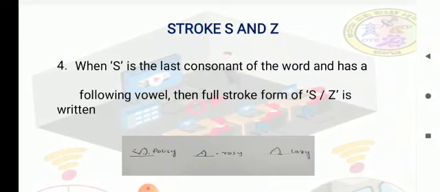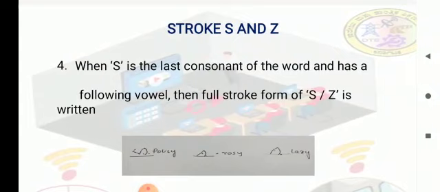The fourth rule. When S is the last consonant of the word and has a following vowel, then the full stroke form of S is to be written. So what do you mean by this rule? If you listen to a word and the last sound of that word is S, and that S has a following vowel, then you have to write the full form of S at the end.